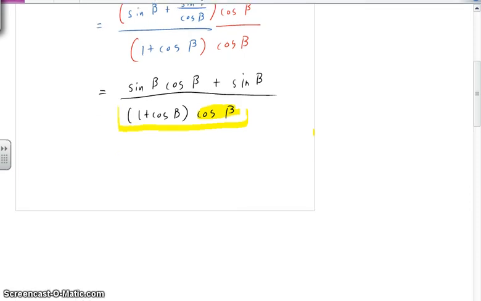If I look at the numerator, I notice that I can factor it. I notice that there's a common factor of sine beta in the numerator, so I'm going to factor it out. Okay, and when I do that, I get this.